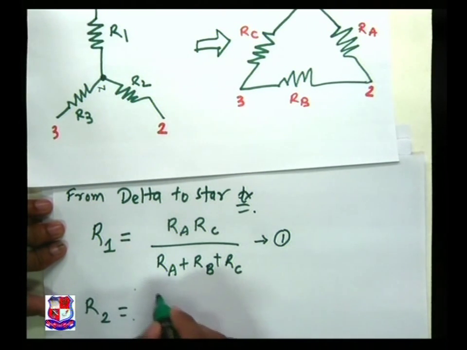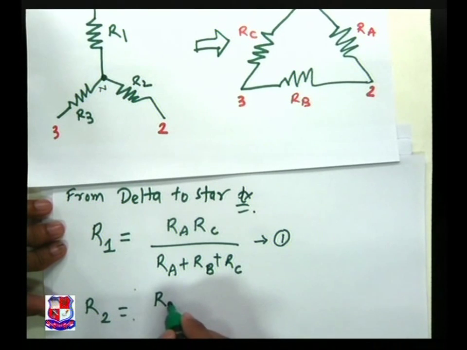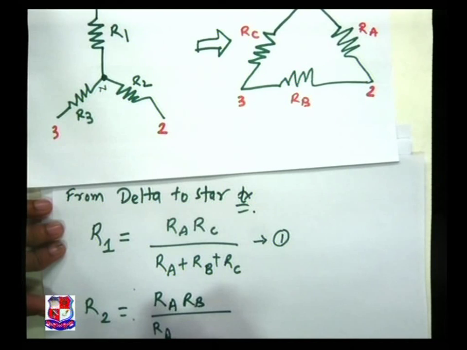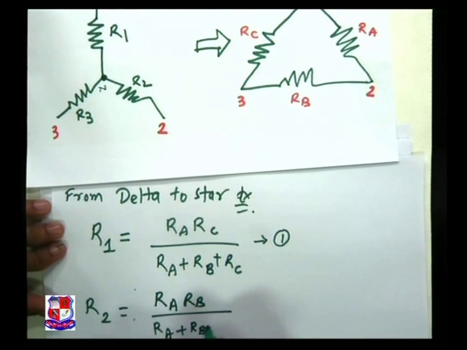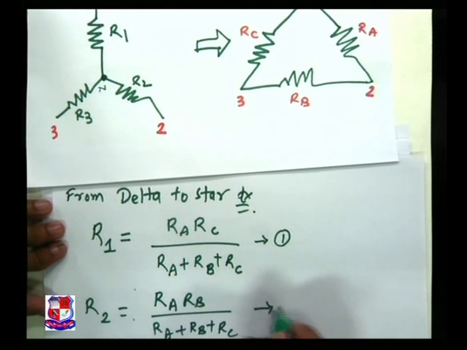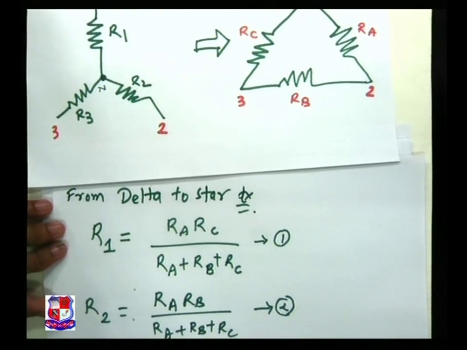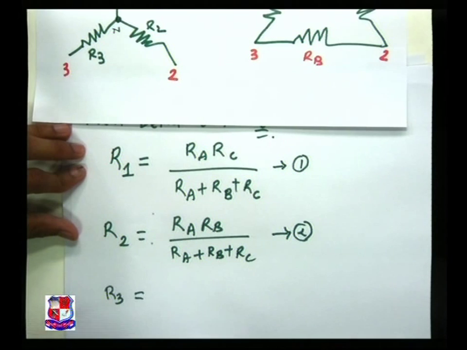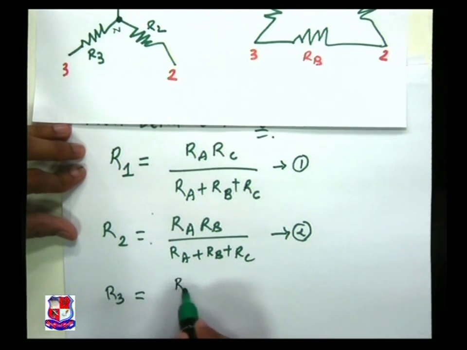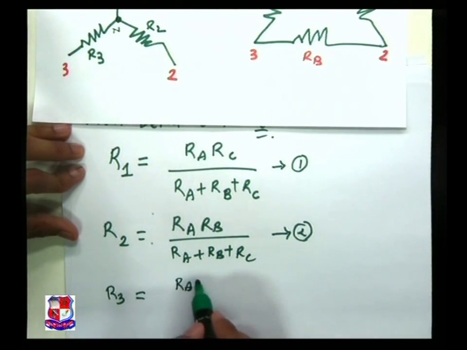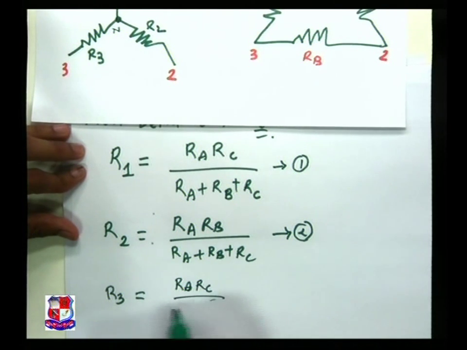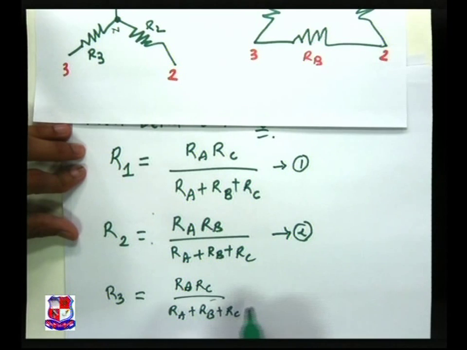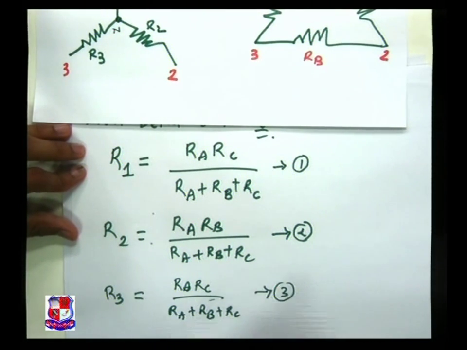Similarly R2 equal to RA RB upon RA plus RB plus RC, equation number 2. And similarly R3 equal to RB RC upon RA plus RB plus RC, equation number 3.